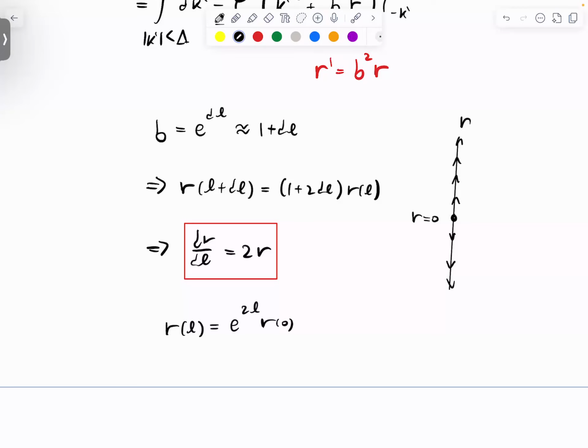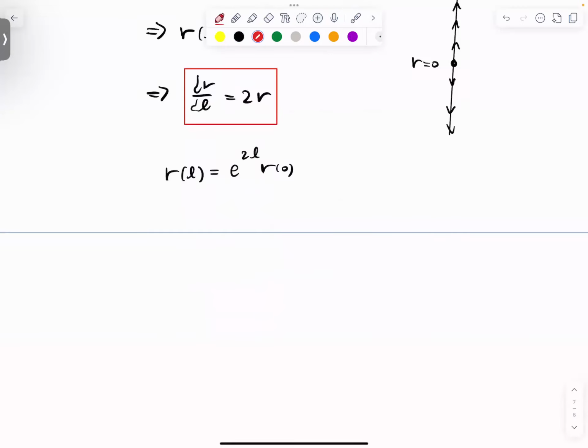The second comment is about correlations and exponents.